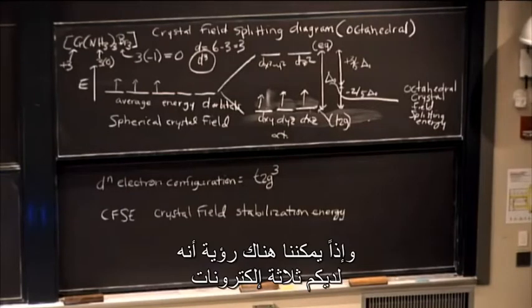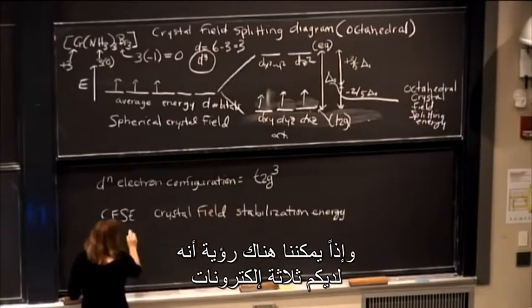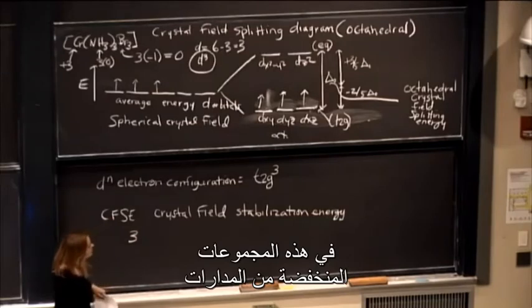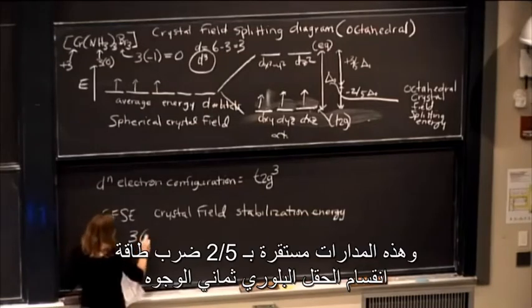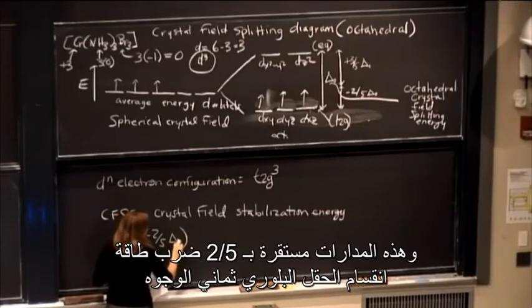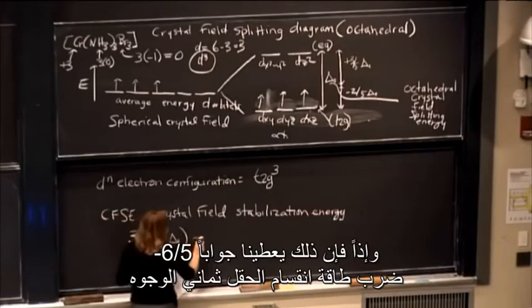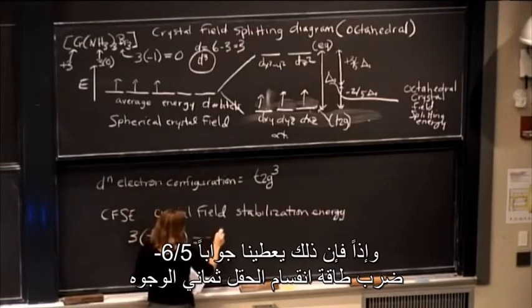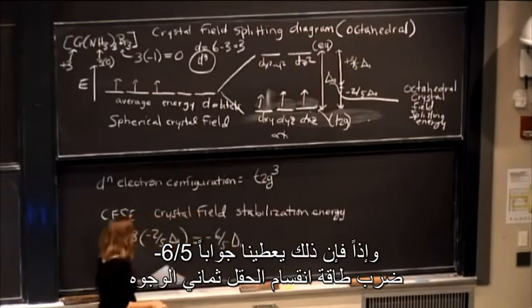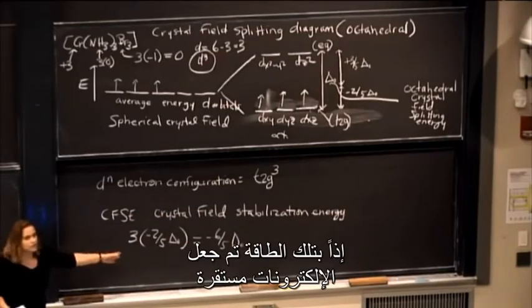What we can do there is you see that you have 3 electrons in those lower sets of orbitals, and those orbitals are stabilized by 2/5 times the octahedral crystal field splitting energy. And so that gives an answer of -6/5 times the octahedral crystal field splitting energy. So that's how much those electrons are stabilized.